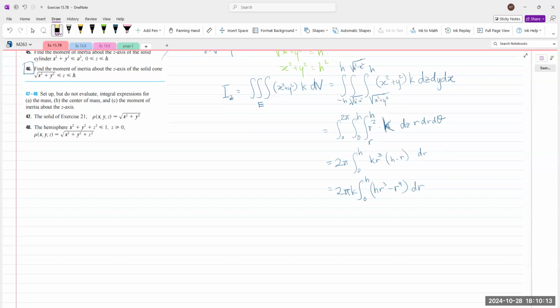No more d theta, sorry. So 2 pi k times h over 4 r to the 4th minus 1/5 r to the 5th from 0 to h.